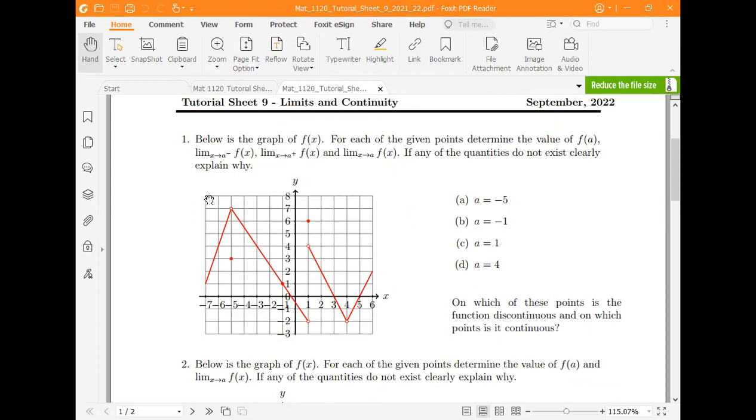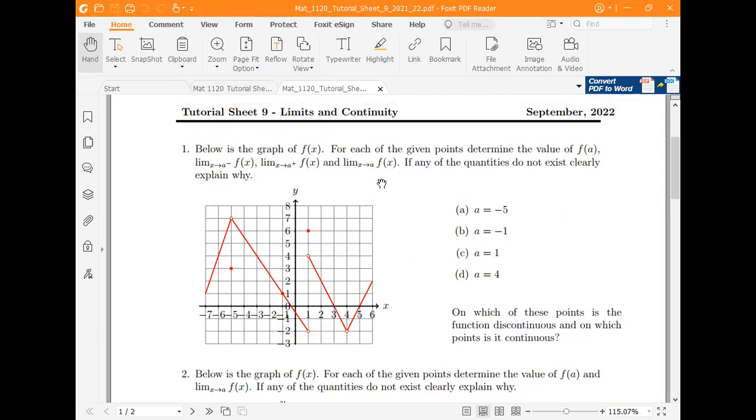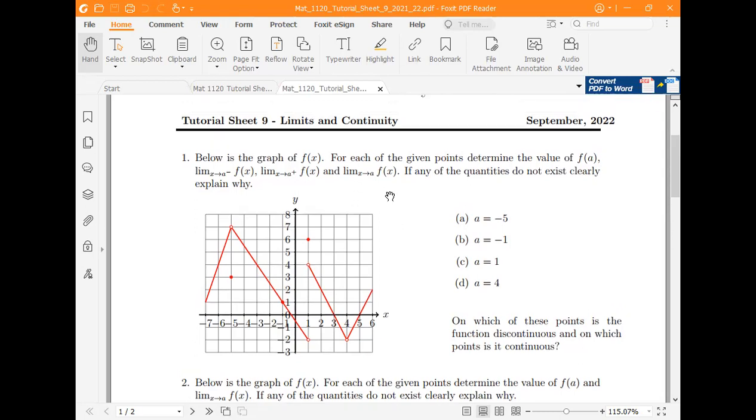Like that. So for the first one, we are talking of f of -5.